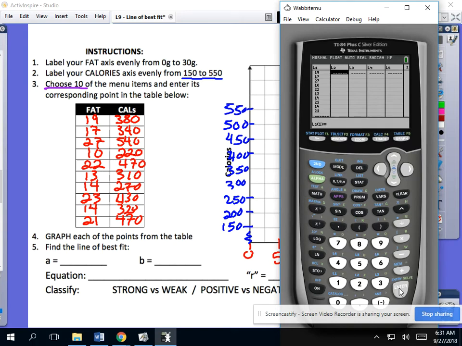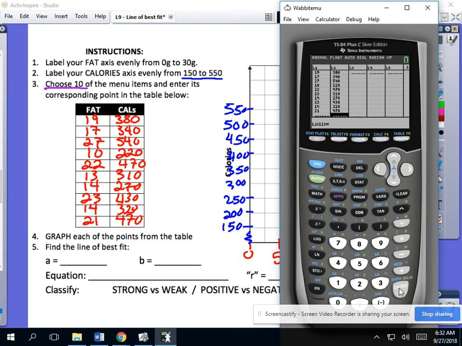So you should have those X's in now. 380, 340, 540, 220, 470, 310, 270, 430, 320, and 470. Okay, so our data points are in. Press pause on the video if you need more time to get those data points in.